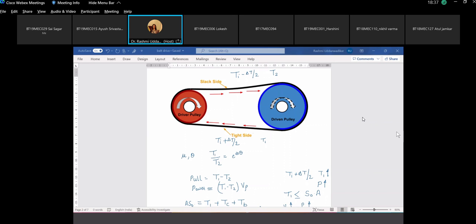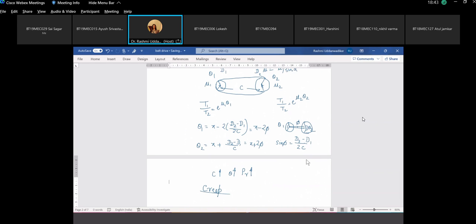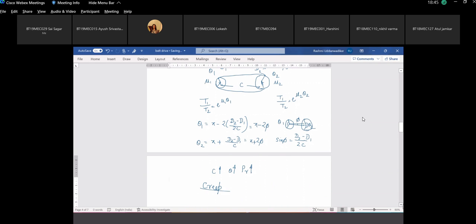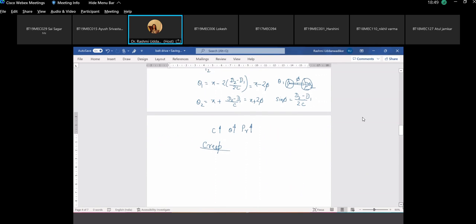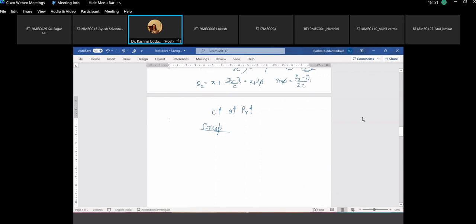So the same thing we are going to continue with. Somehow I didn't save the problem that we solved in the last class, so whatever we discussed in the last class, that part is missing.